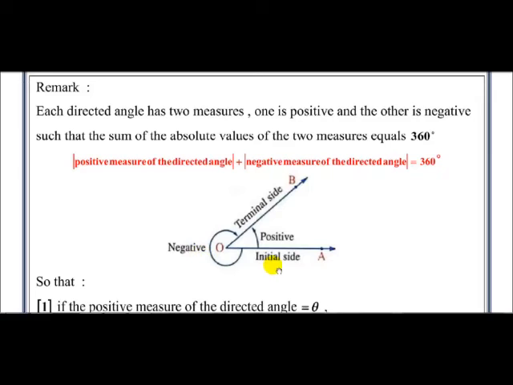Do you see? By numbers, if I say the measure of this angle is 60 degrees, positive 60 degrees. If your angle rotates in this side, what is the measure of the other part of this angle by rotating this way? It equals negative 300. Do you notice something? When I add the absolute value of 60 plus the absolute value of negative 300, we get 360.